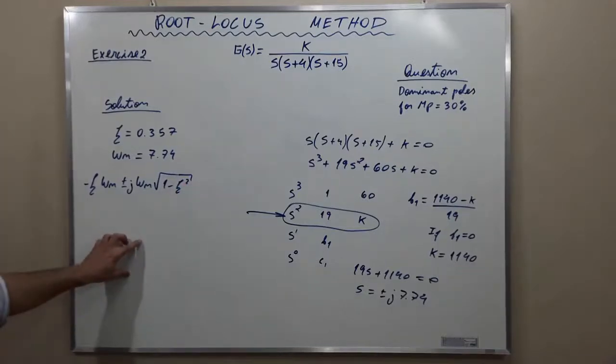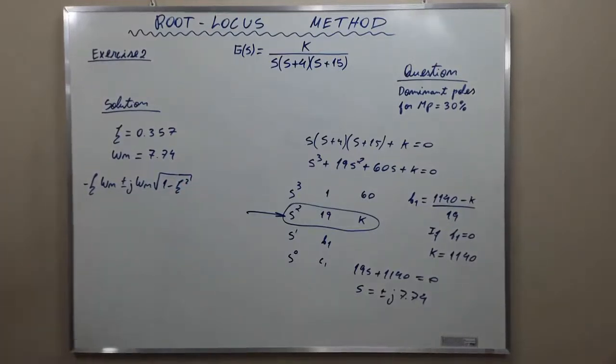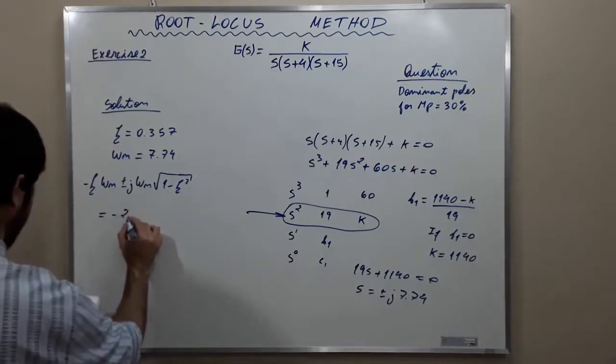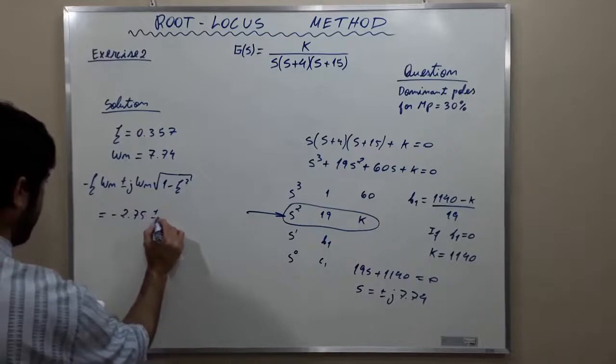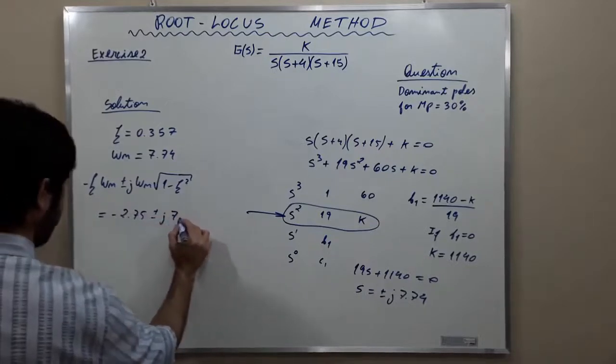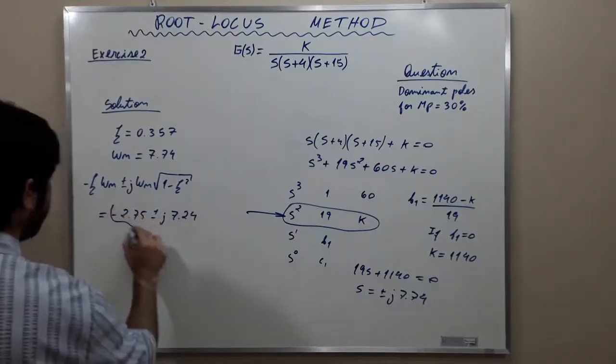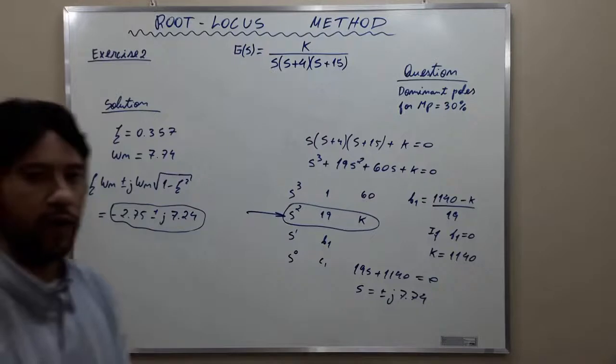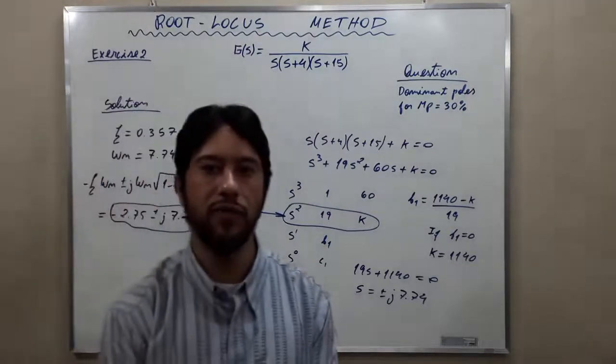Okay, this is the location of the poles for a maximum overshoot of 30%, which is equal to minus 2.75 plus minus j7.24. This is the response of exercise 2. Okay, my friends, this is all for exercise 2.